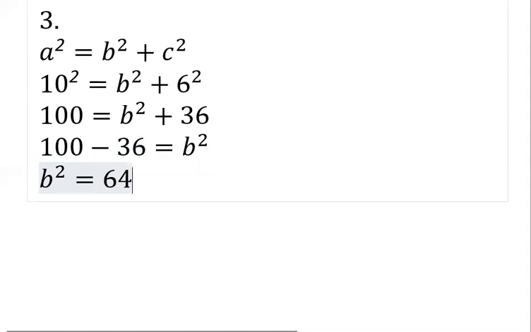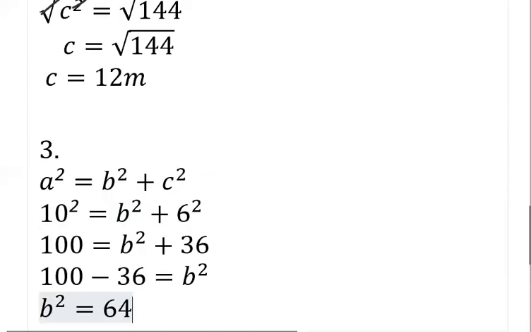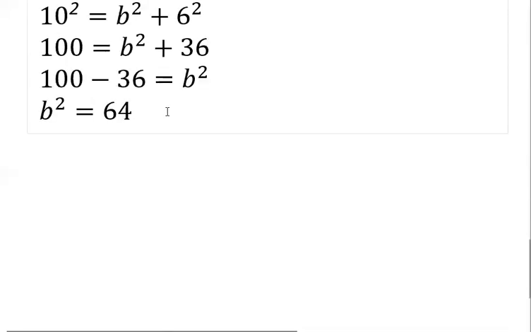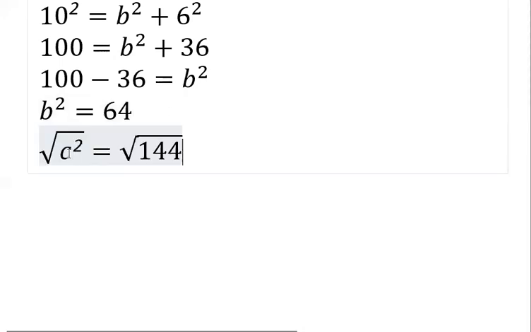So the same principle. Because we are looking for b, we are going to square root both sides. So let's make use of this template. To square root both sides. So this time around, we are looking for our b, and we have 64 in here. Awesome.